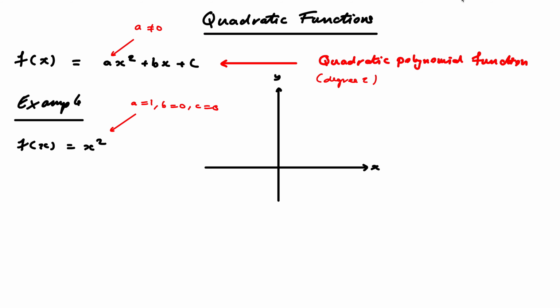It's an even function, so I have a symmetric graph after reflection across the y-axis, and it looks like this. So this is what the graph is. And this graph is called something. It's called a parabola.